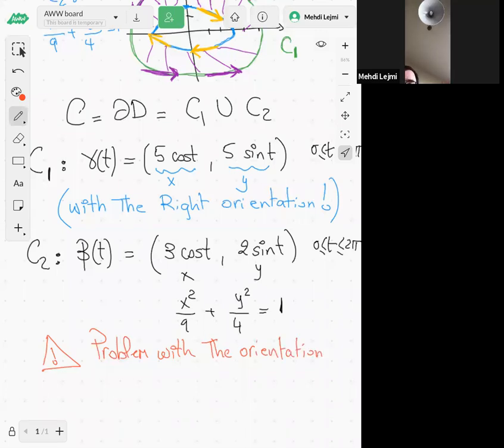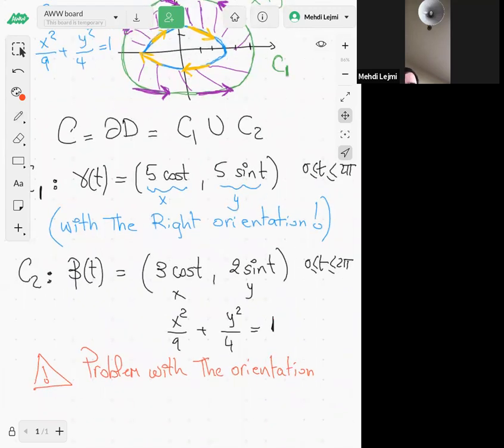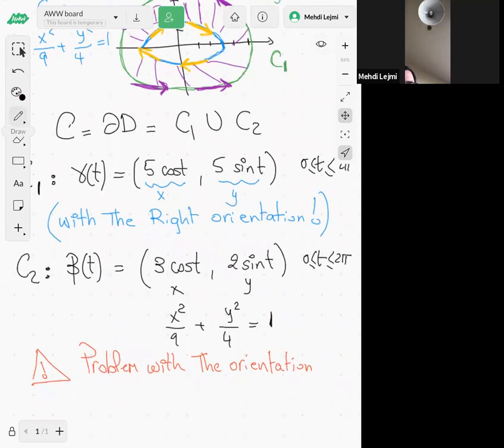If you take beta of 0, that equals (3, 0), and beta of pi over 2 equals (0, 2).